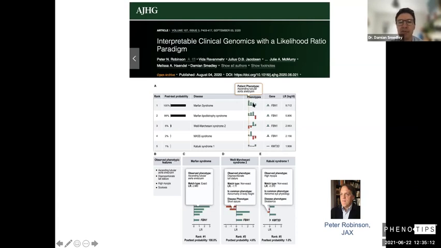So you can very quickly visualize whether the evidence is compelling or not. The likelihood ratios can be multiplied together to give you an overall likelihood ratio and the post-test probability that this really is the diagnosis for the patient. So it gives you a much clearer interpretation for cases.